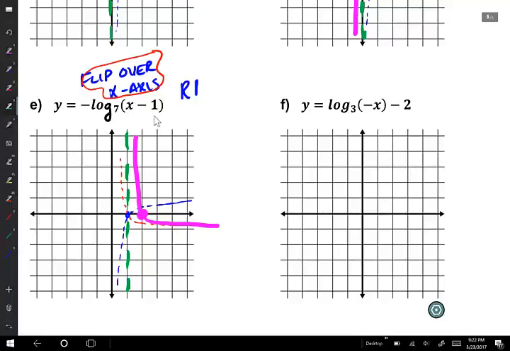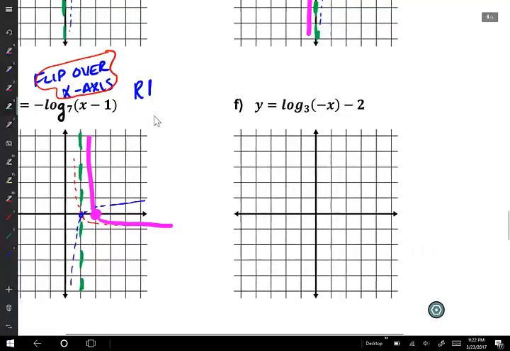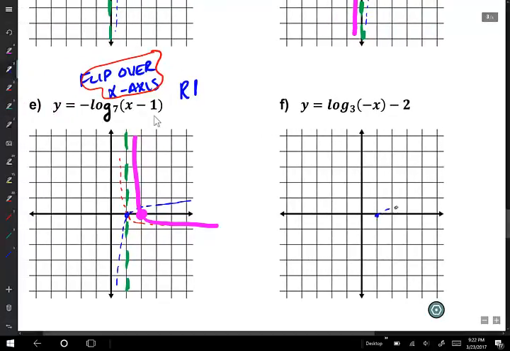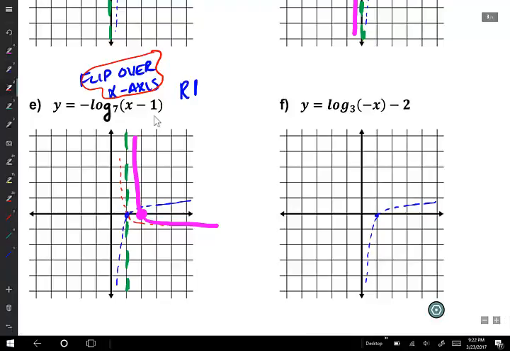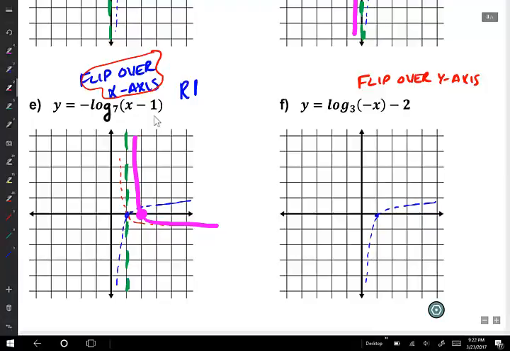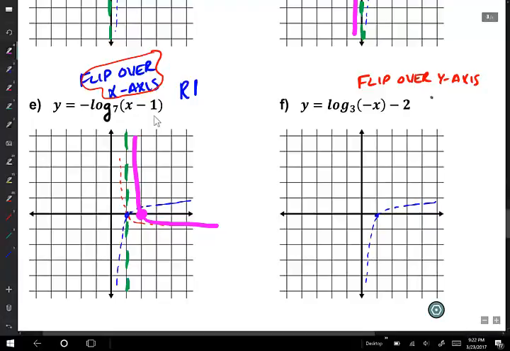Let's look at F now. Our F function, we have our parent function just like normal. Here we go, normal logarithmic parent function. The negative x on the inside, hope you can realize that is going to be a flip over the y-axis. And then the -2 is going to be down 2 as a movement.